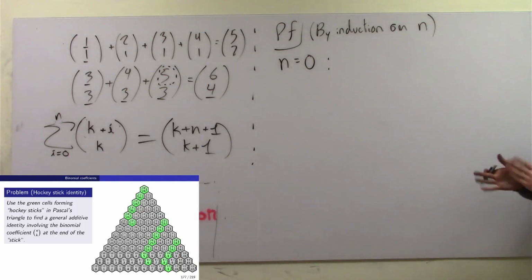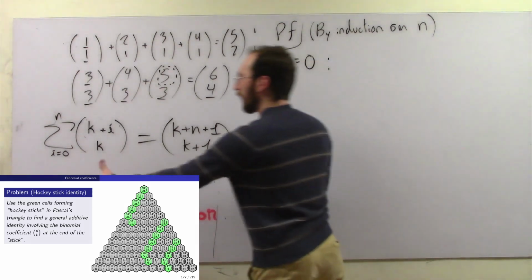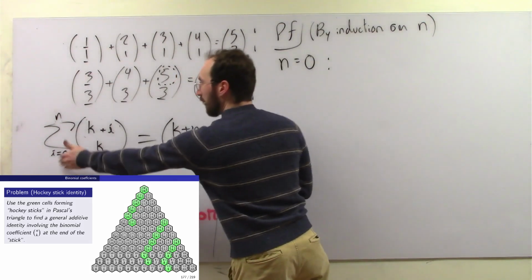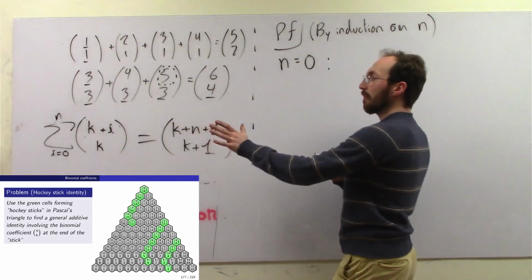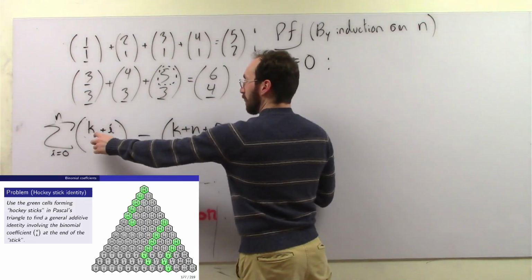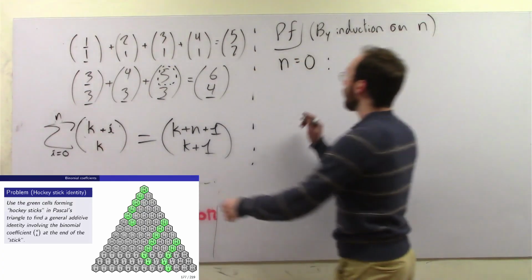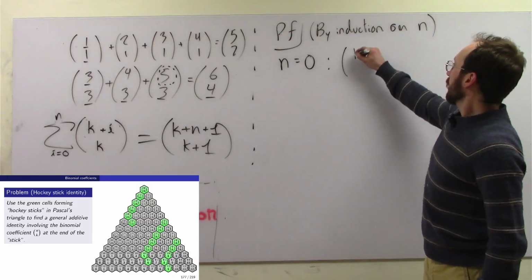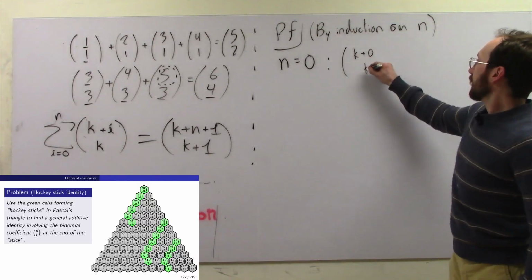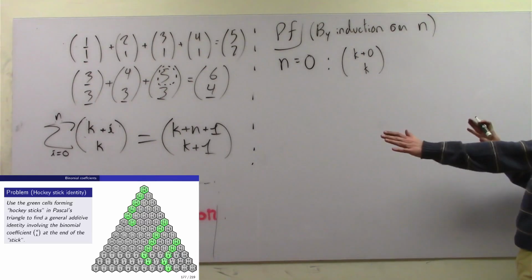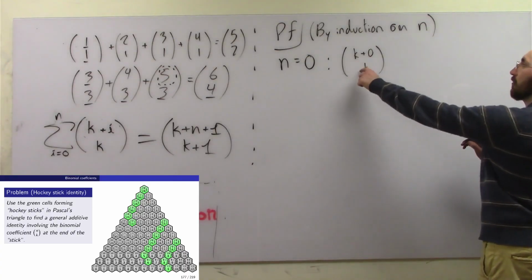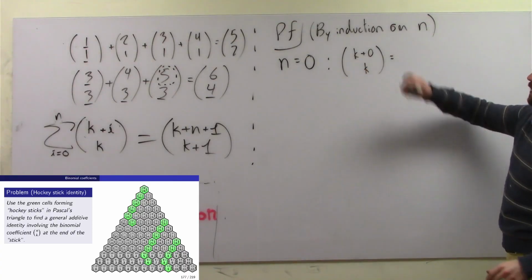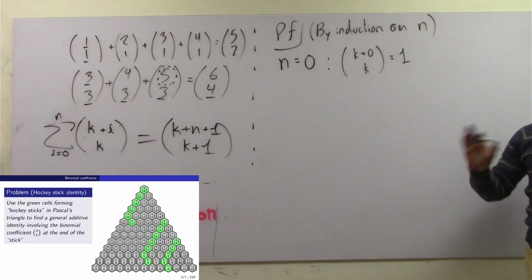N equals 0. The left side right here is the sum of just k plus 0 choose k. Let's write that here: k plus 0 choose k. That's this left side. That's k choose k, which is just 1.